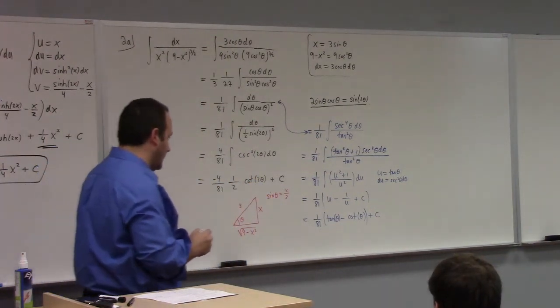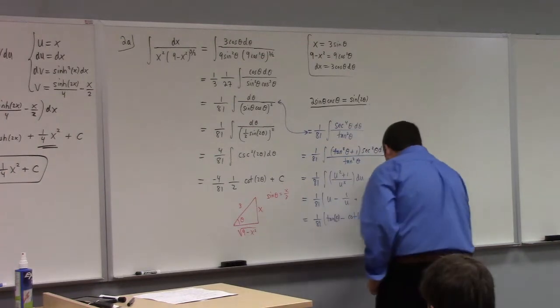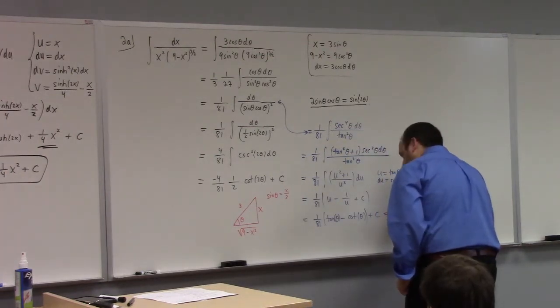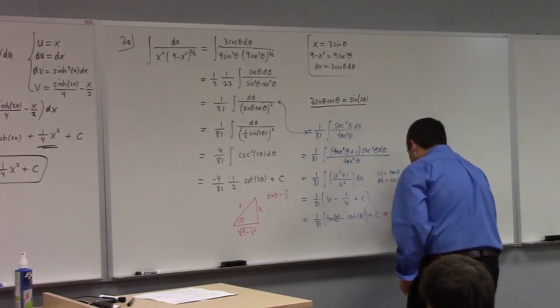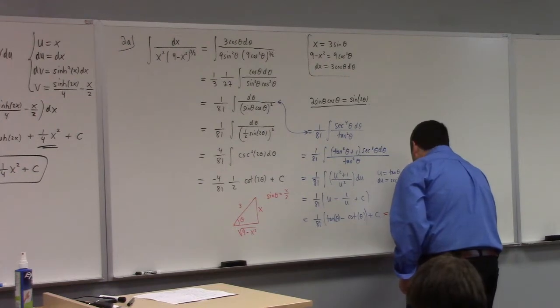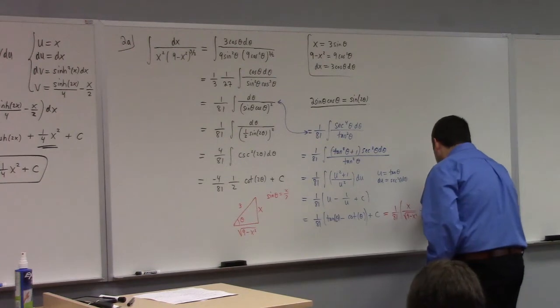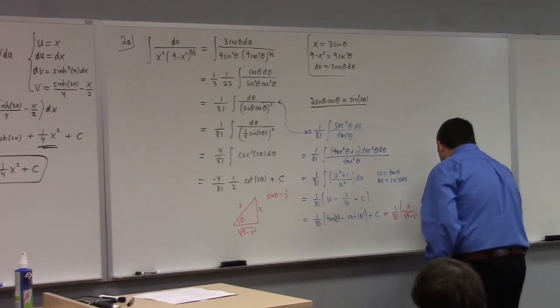So, in other words, the answer is 1 over 81 times, tangent theta is x over the square root of 9 minus x squared, and then minus the square root of 9 minus x squared over x, plus a constant.